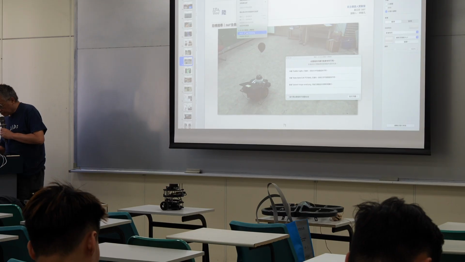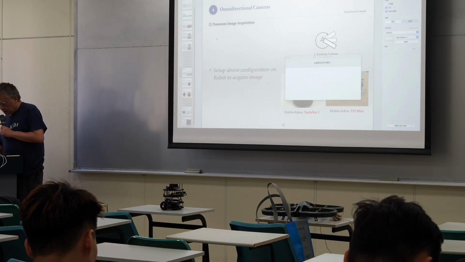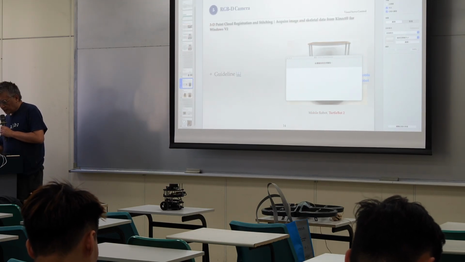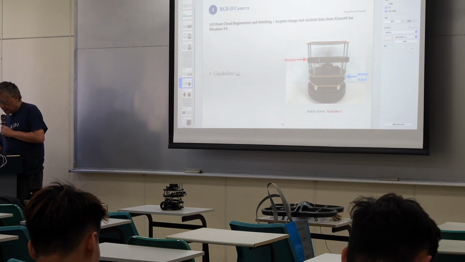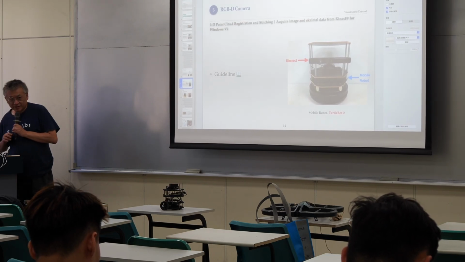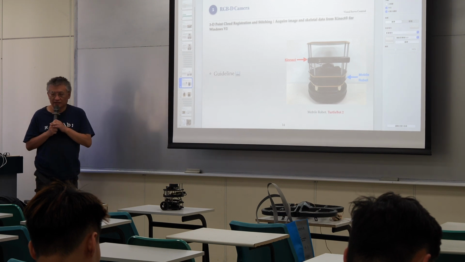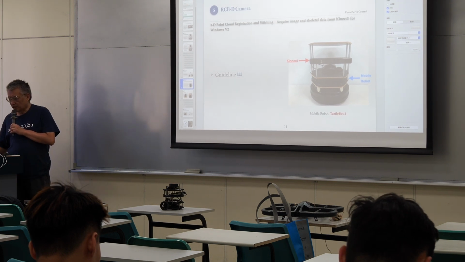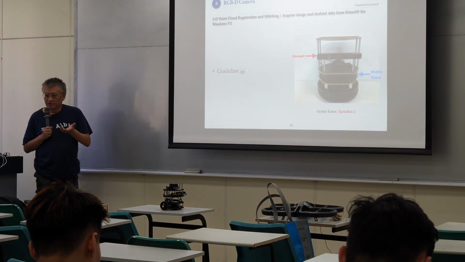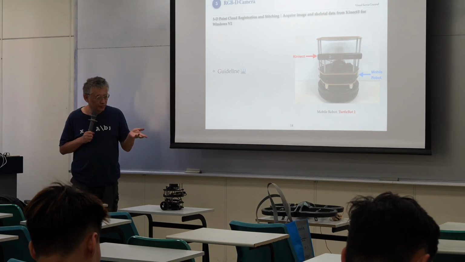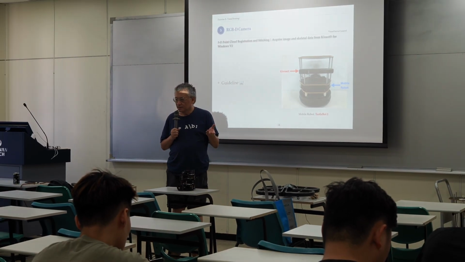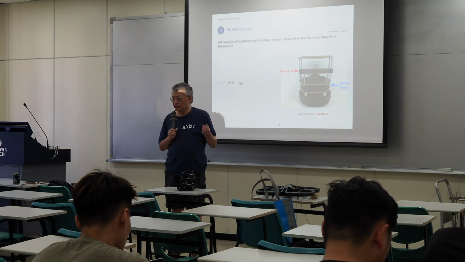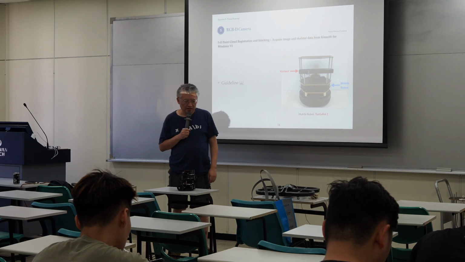Next will be the other configuration. I put it in the slide, the teaching slide. RGBD camera. Well, I think Thomas said it before. RGBD camera. Oh, Angela, we have an RGBD camera, right? The UAV. Oh, I see.